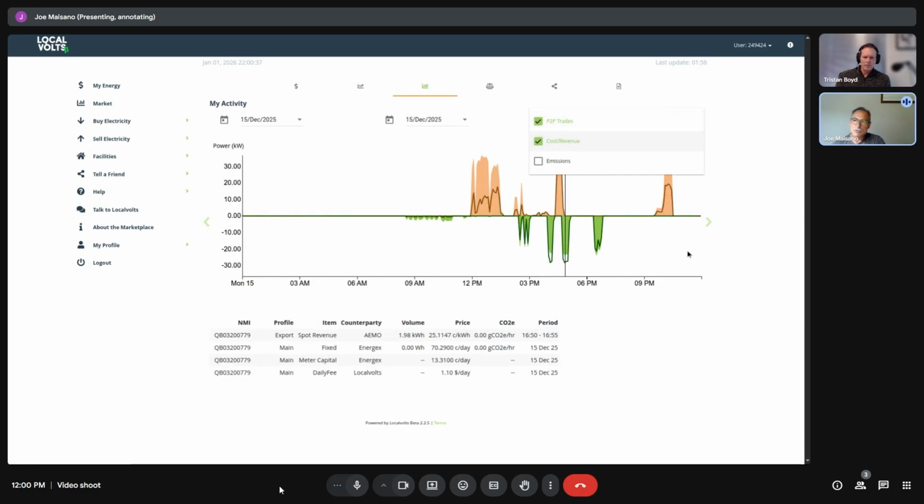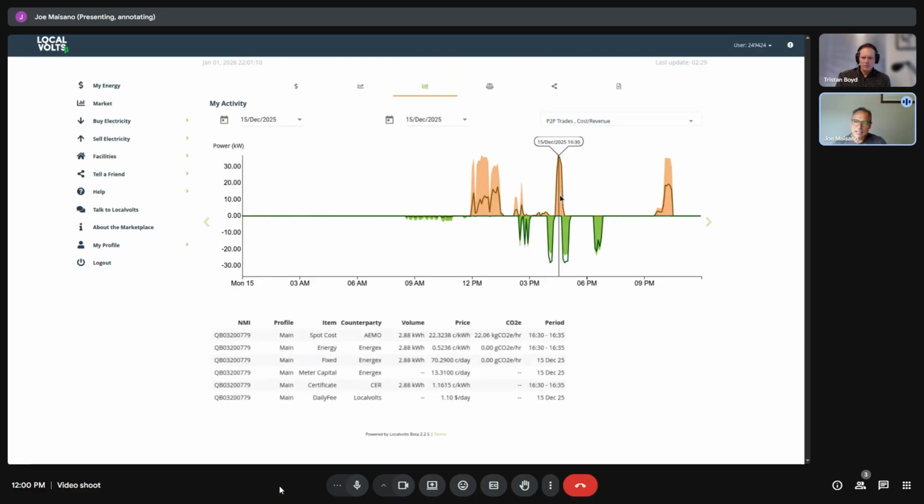So if we choose the cost revenue line, we can see this dark line is essentially your imports times the cost of imports at a per kilowatt hour rate, and the exports times the cost. So you can see here, this customer is no doubt using our API and operating the battery in accordance with prices, because their imports and exports are very much following the price.